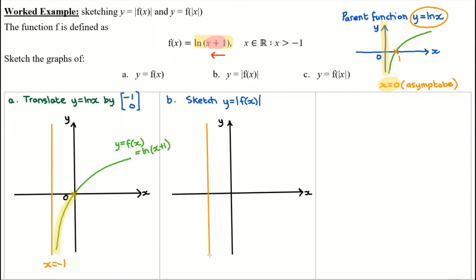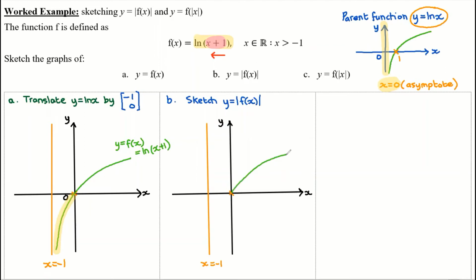X equals negative 1, sorry, x equals negative 1. And there's still going to be a y-intercept at 0. That point is still on the graph because 0 is part of the modulus. It's anything greater than or equal to 0, same as squaring. So we're going to keep this branch here.